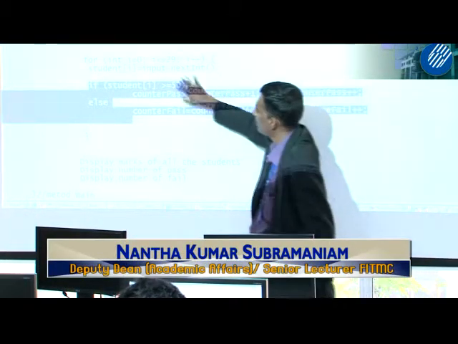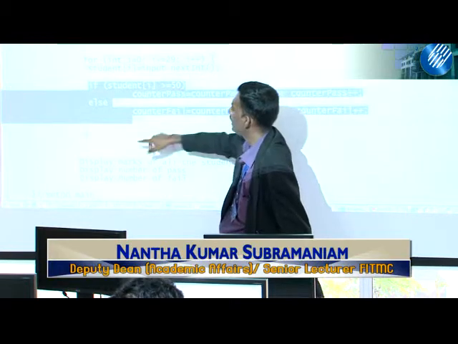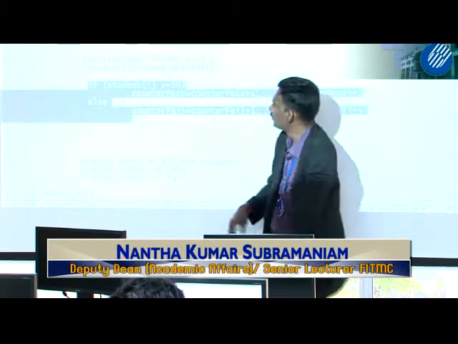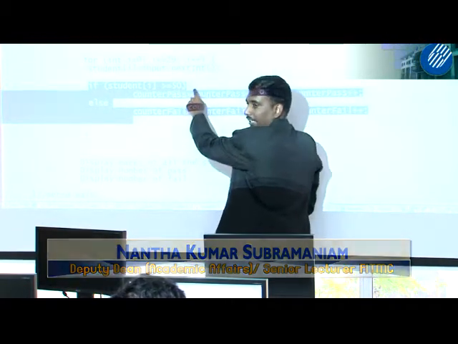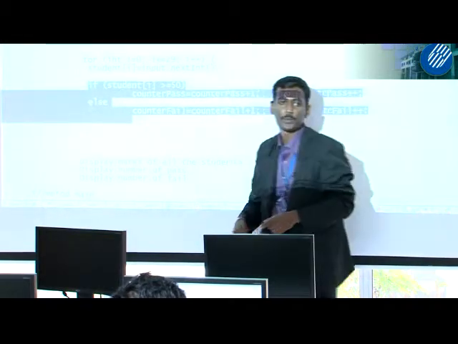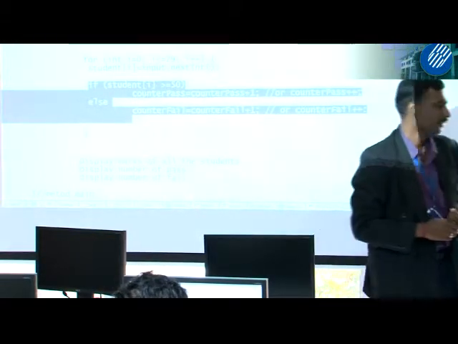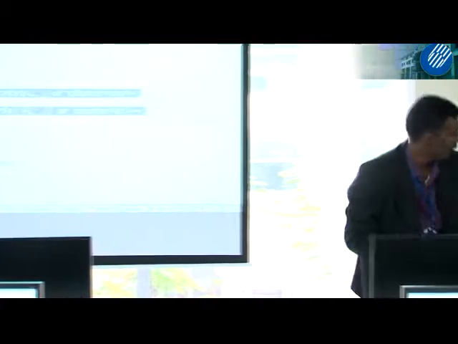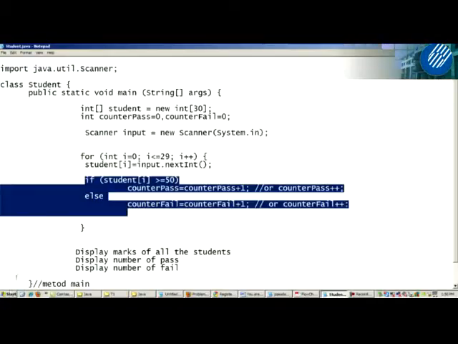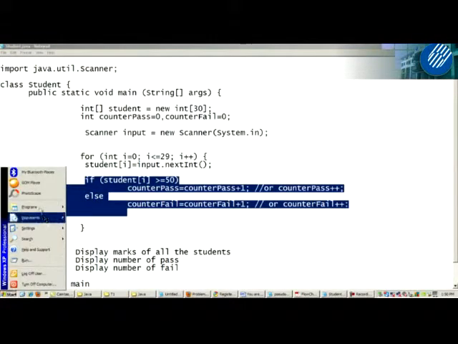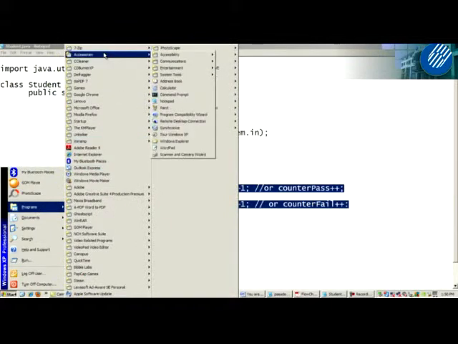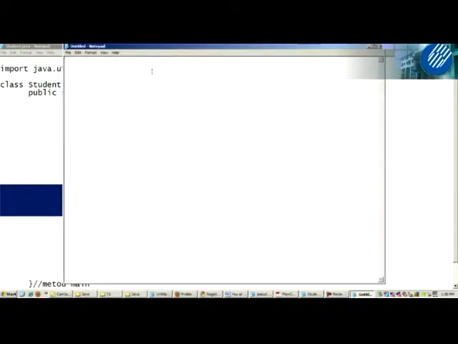I just want to explain about this if, because sometimes you see people use curly brackets, but I don't use them. Why don't I use curly brackets? I'll give you one example, because most of the time students get confused.